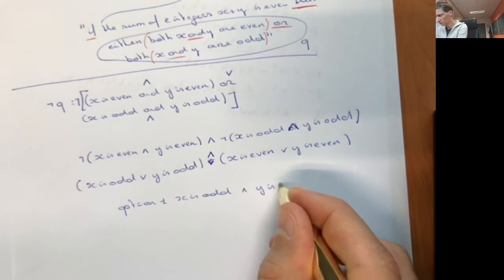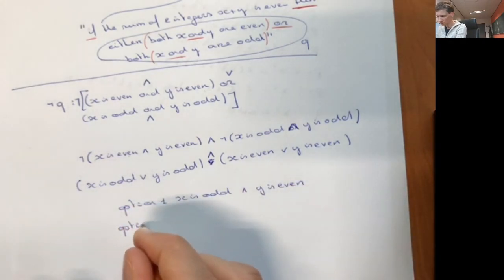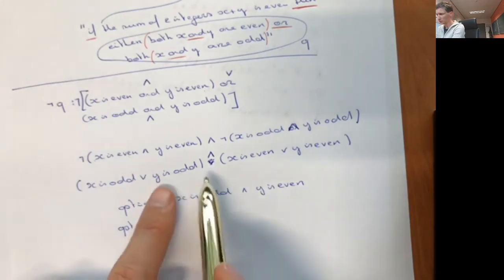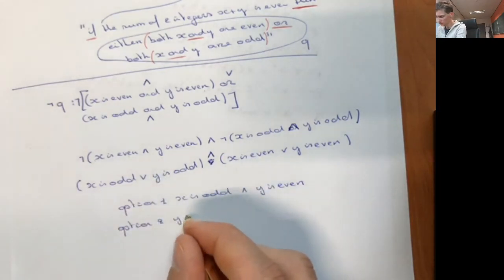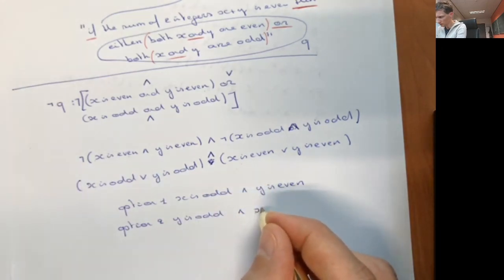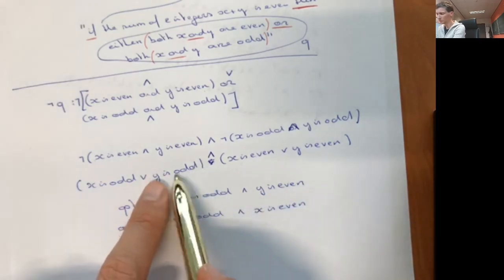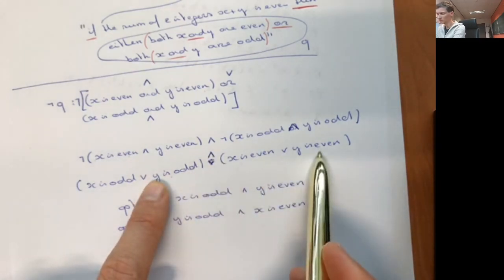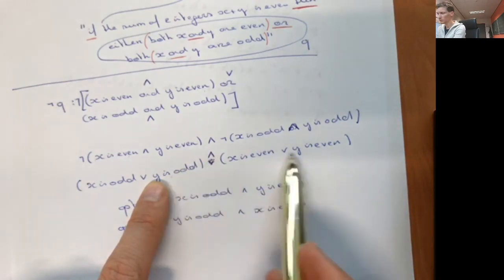Third option, y is odd and x is even. And the fourth option, y is odd and y is even. This is clearly impossible because y is either odd or even, but cannot be both.